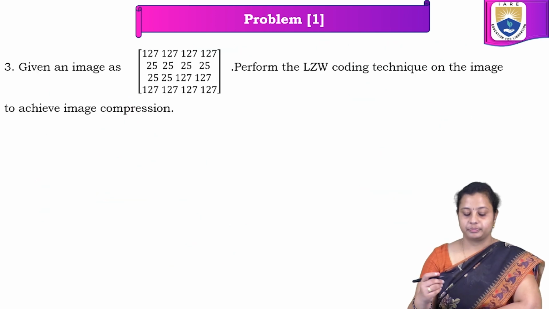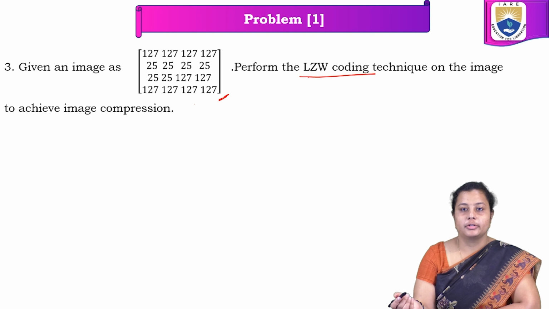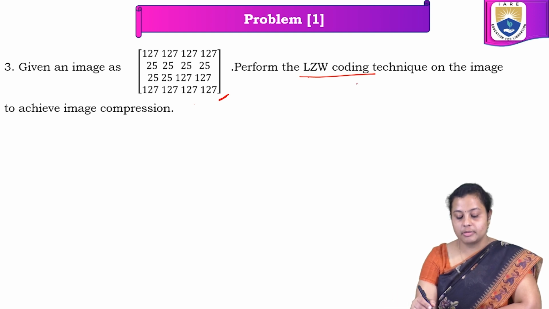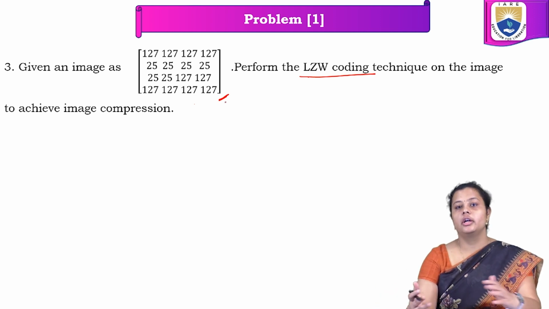Right? So next, the next problem is on LZW coding. We have this image, right? So this LZW coding is used basically for reducing our spatial redundancies. So how do we create it? We create a dictionary.